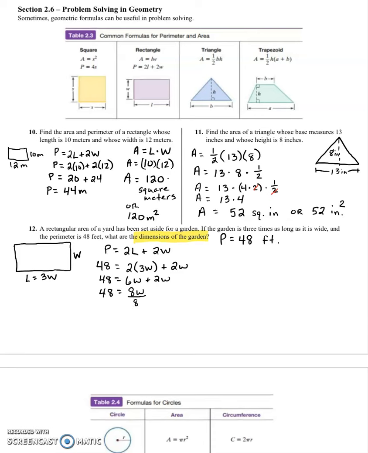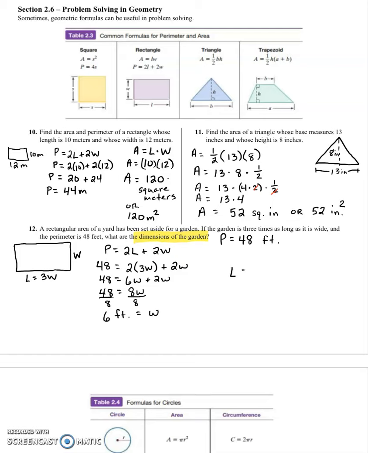And using the multiplication property of equality, we get 6 feet is the width. Now, that's one of our dimensions, but remember it said find the dimensions, which means we also need to know the length. So what did we know?